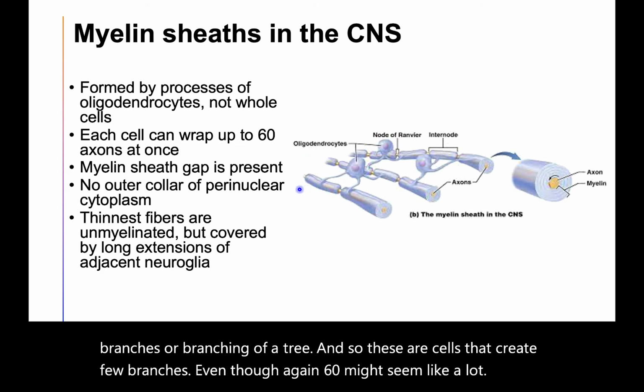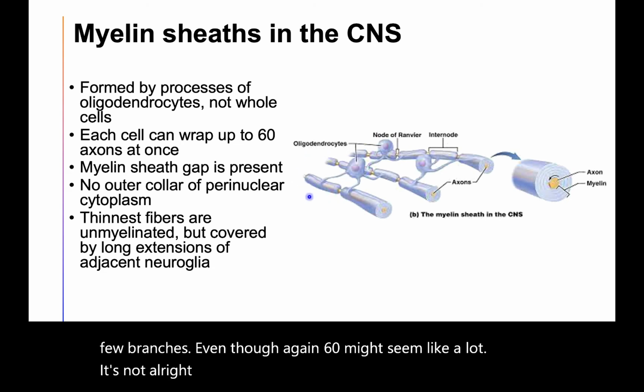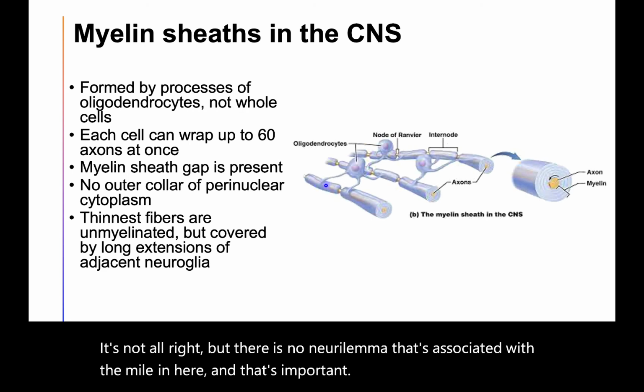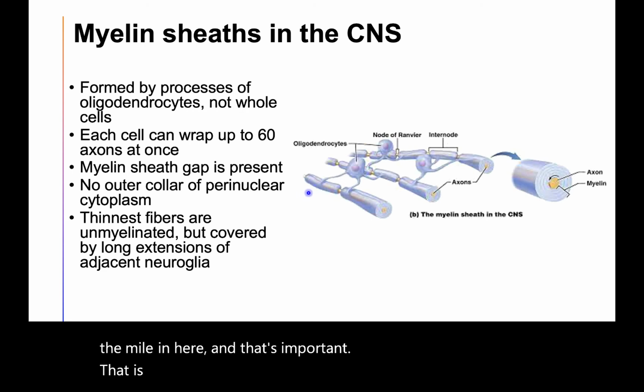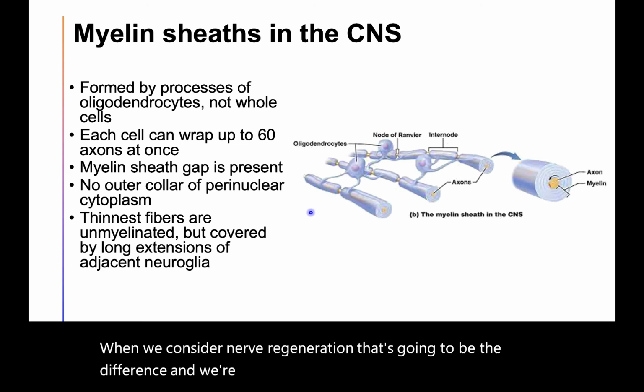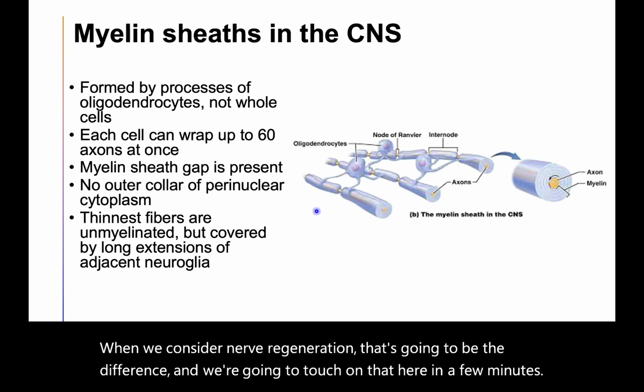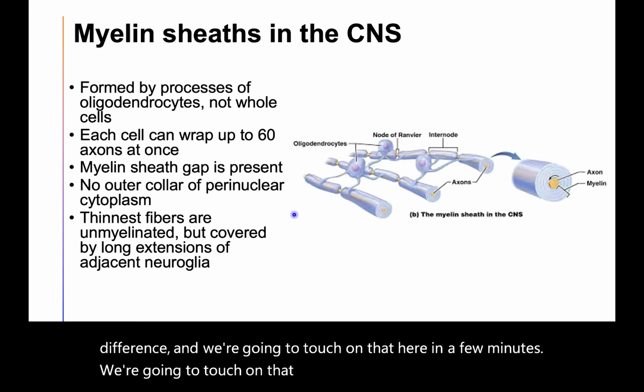It's not. All right? But there is no neurolemma that's associated with the myelin here. And that's important. That is extremely important when we consider nerve regeneration. That's going to be the difference. And we're going to touch on that here in a few minutes.